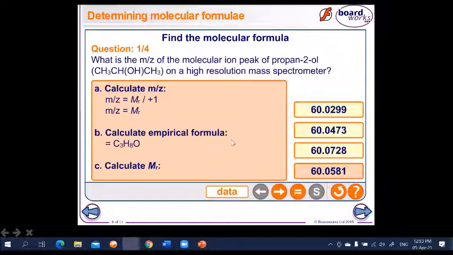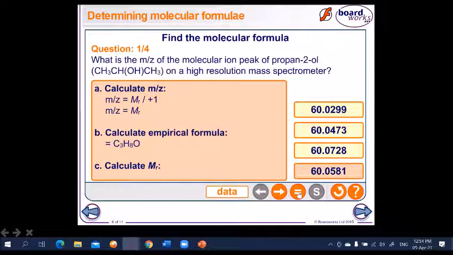So, calculate the empirical formula. This one looks like what we did earlier. There are 3 carbons, and then there are 3 hydrogens here, 1, 2, 3, 4, 5, plus the 3, that's 8, and then there's only 1 O. So that's a very straightforward empirical formula.